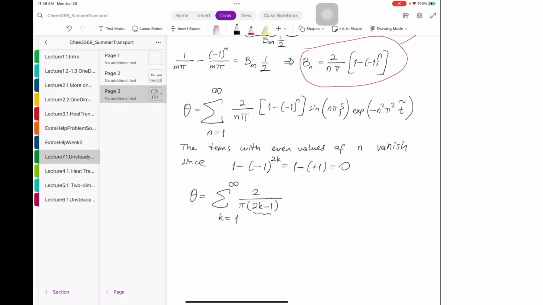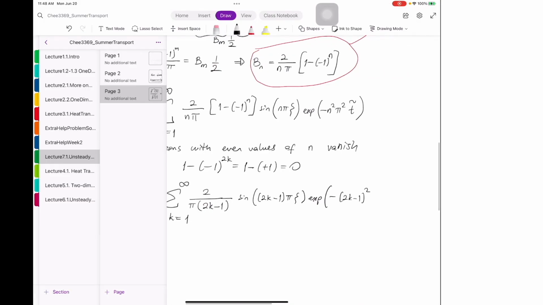For k equals 2, you get the second odd number, and so on and so forth. Sine (2k minus 1) pi psi exponential minus (2k minus 1) squared pi squared t tilde. Okay.